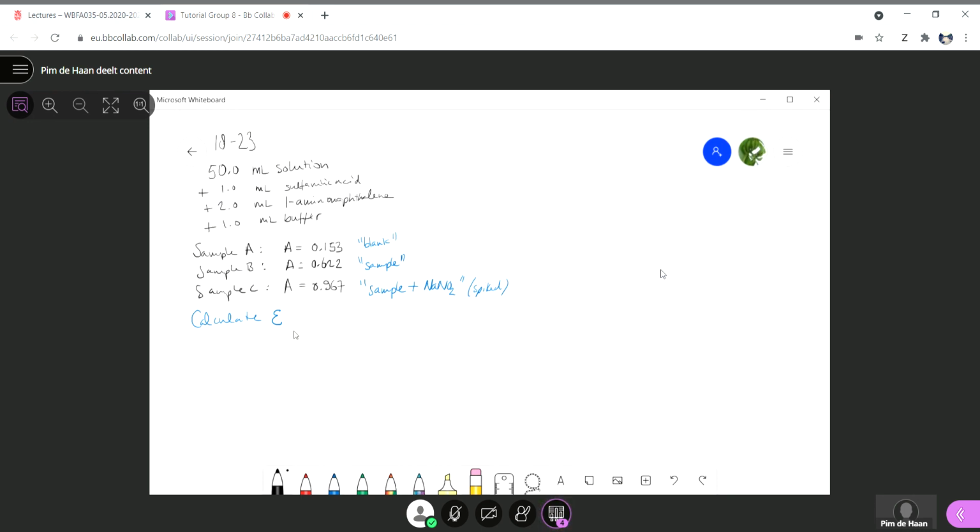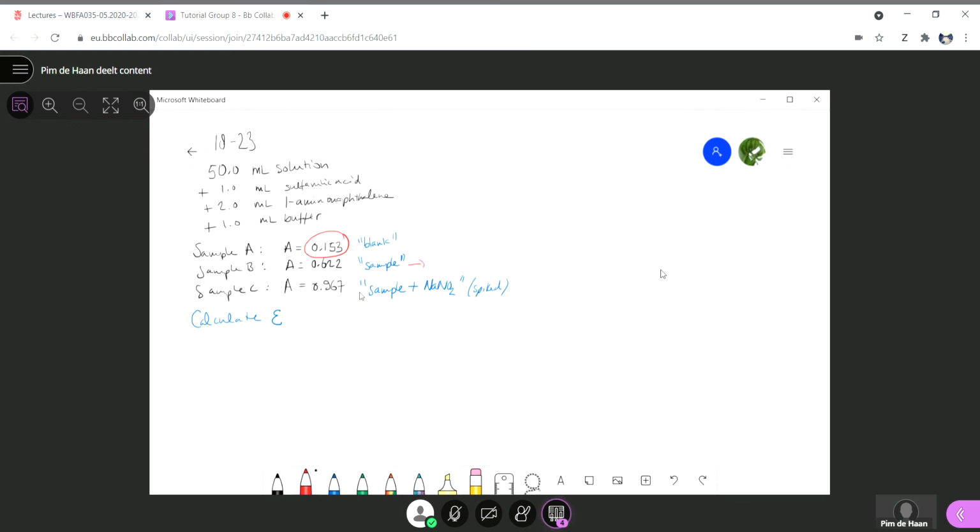So how are we going to do that? We need two things. So this is more of a mathematical problem. First, we need to calculate for these samples the corrected value. So we're going to subtract the blank from the other two.